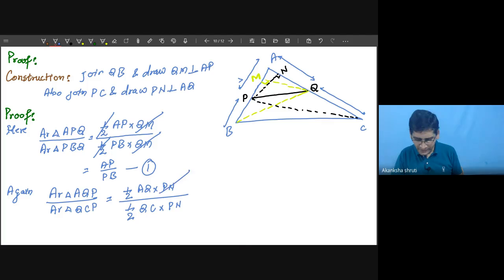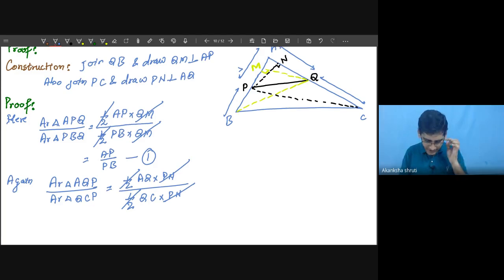Again we are observing PN is the same, half and half is also the same. So this can be written as, I may write here, AQ by QC. Student, here we have observed AP by PB, AQ by QC.